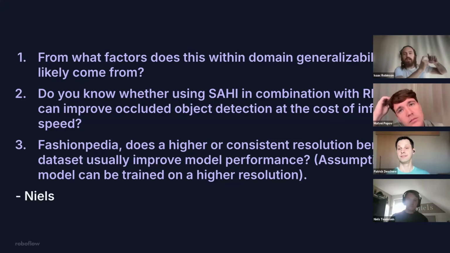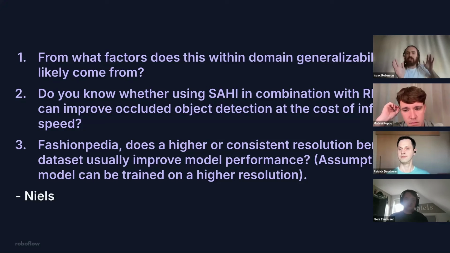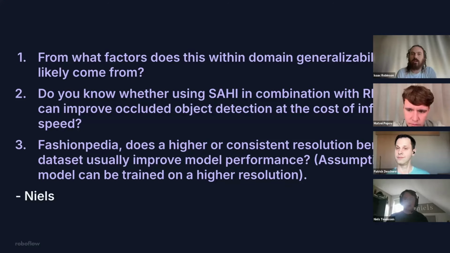So if running SAHI means that instead of running the whole image at a fixed resolution, you run each crop at that same fixed resolution, then you are effectively blowing it up and you get potentially better performance on occlusion. But other than that, it's not really clear to me that there would be a mechanism.